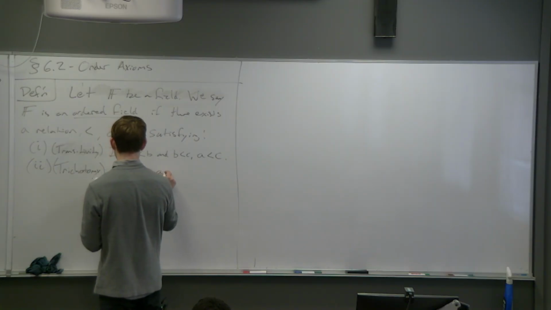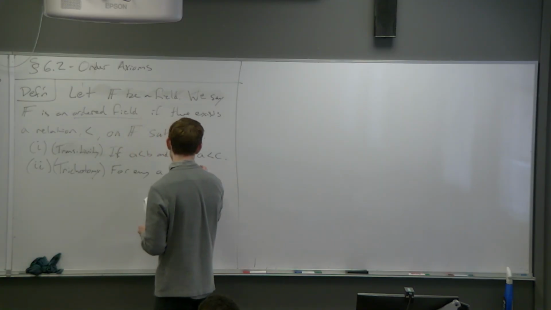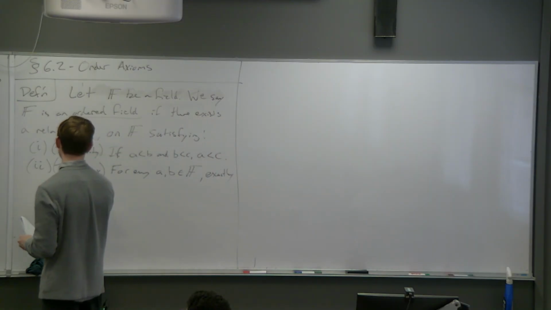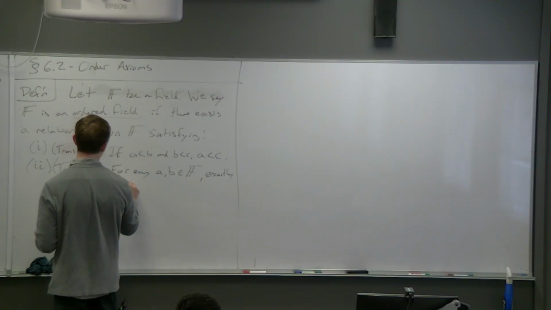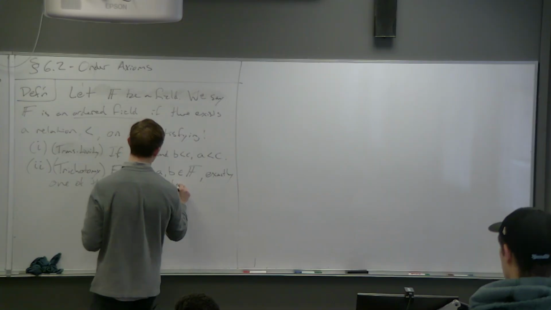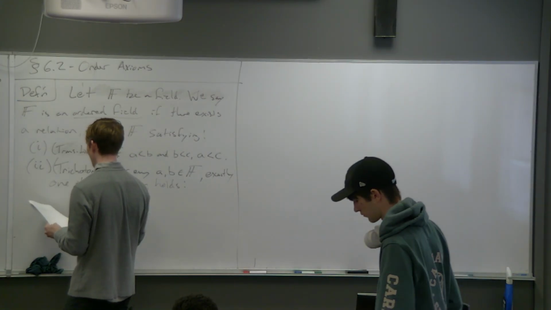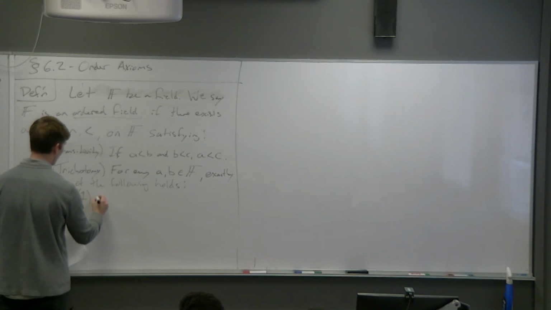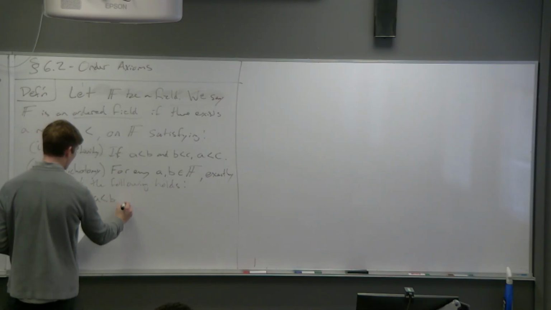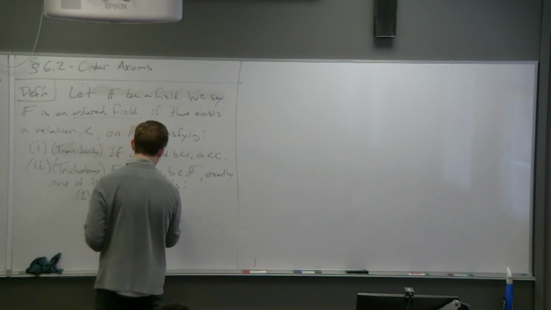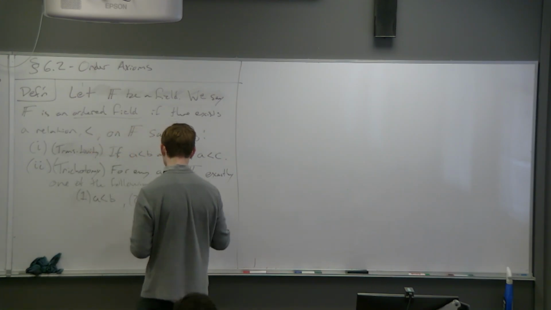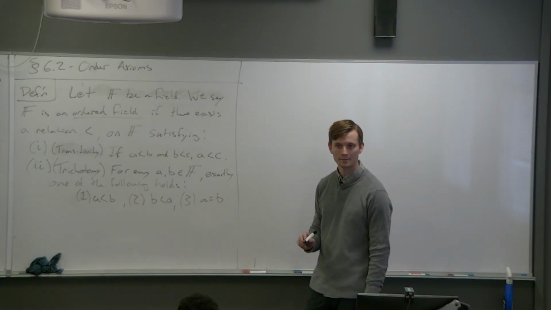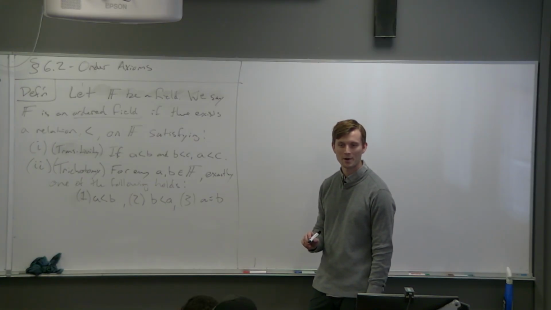For every A, B in F, exactly one of the following holds. 1, A is less than B. 2, B is less than A. 3, A is equal to B. That is, everything is comparable.